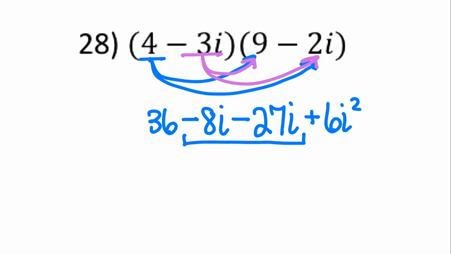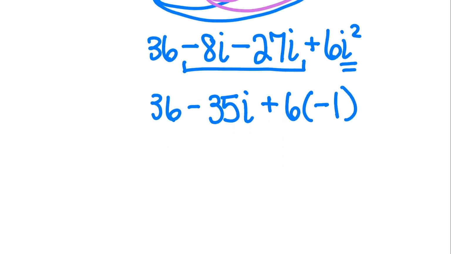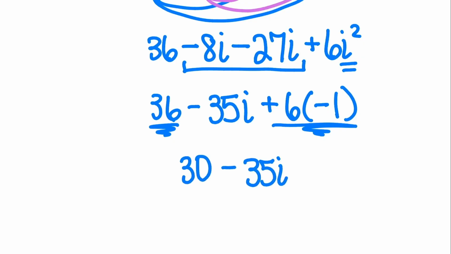These two terms combined together is going to be negative 35i. i squared is negative 1, so we're going to replace that with negative 1. So we can combine our positive 36 with our negative 6. So our final answer is going to be 30 minus 35i.